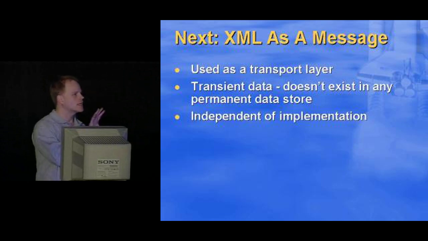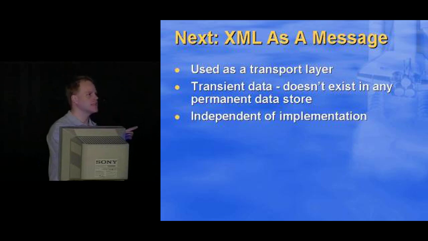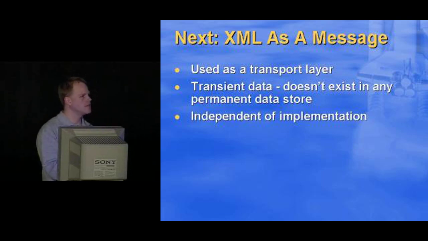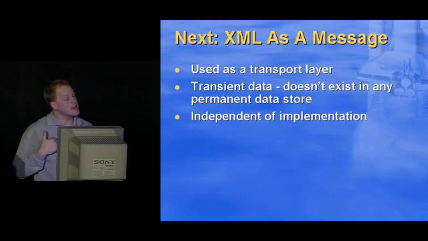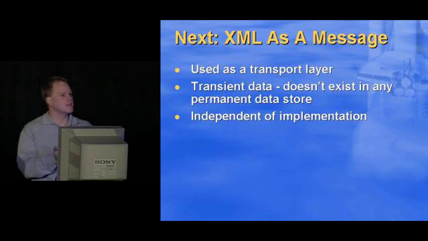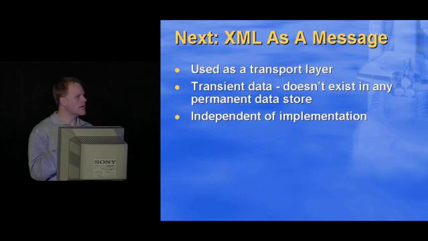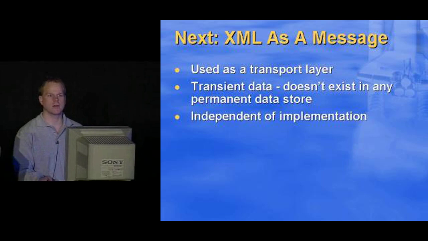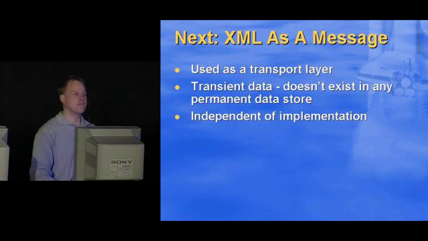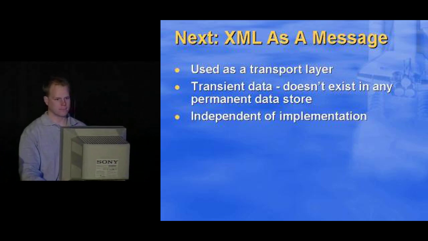All I have to know is that a message takes this format, and that's it. I don't need to know your implementation details for producing that message, and you don't need to know my implementation details for how I'm going to take that message, process it, and possibly change it and send it back to you. All we have to agree on is the format of how we're going to communicate with each other. That's the value of what XML is going to drive for you in the future.